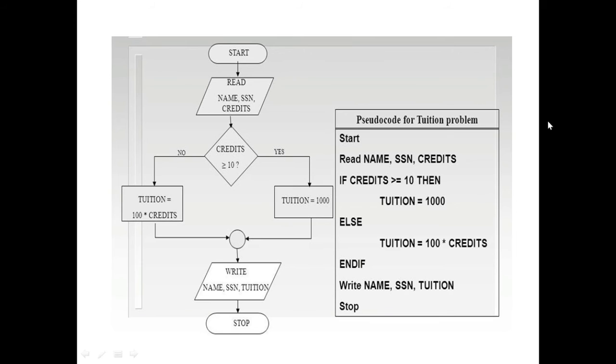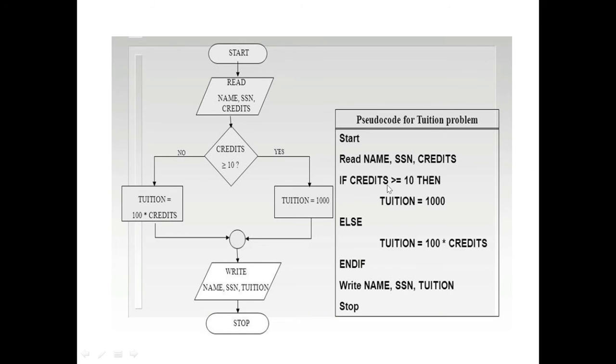Likewise, in pseudocode, we have an if else block. Now, if is a keyword, credits is the variable that we initialized in the last lecture, and we know its value here.